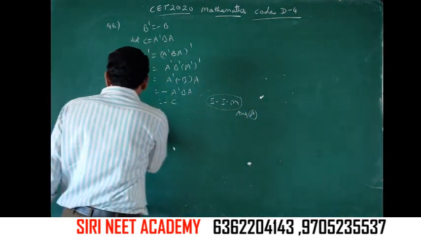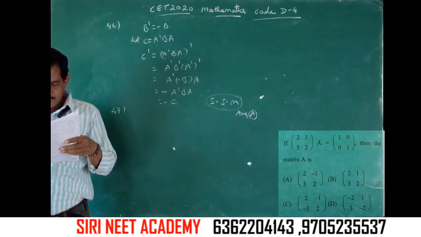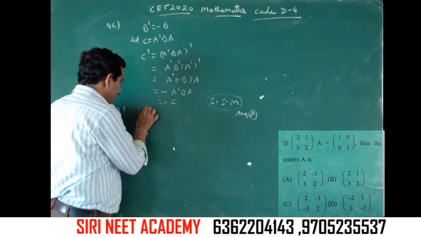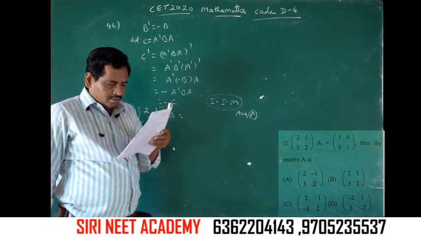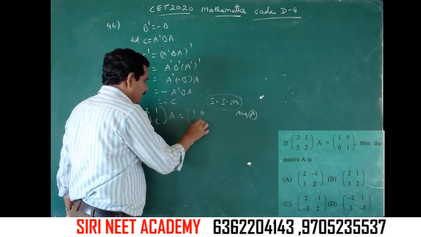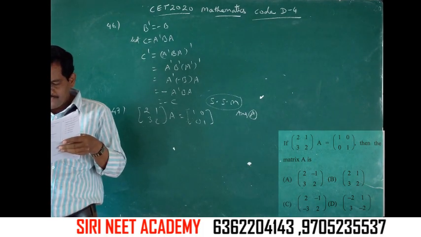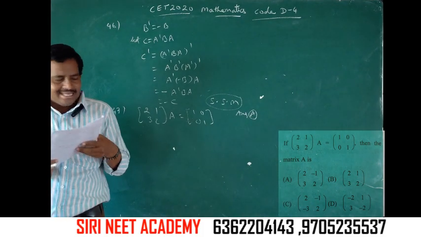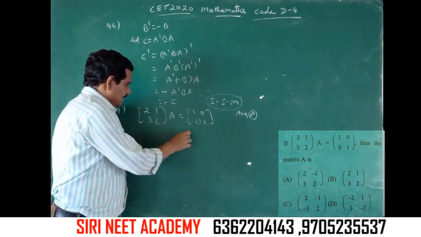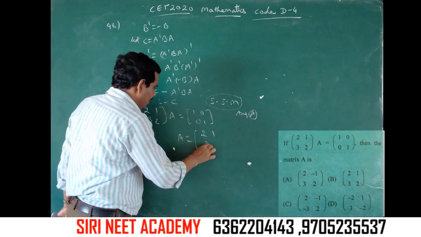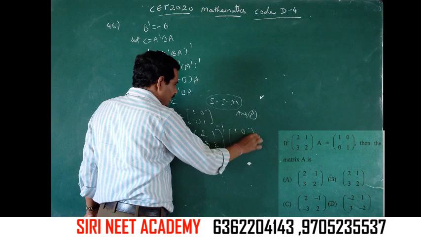Question number 47. If 2 by 2 matrix 2 1 3 2 into A is equal to 1 0 0 1, then the inverse of then A is A value. Pre-multiplying by its inverse, 2 1 3 2 inverse into 1 0 0 1.